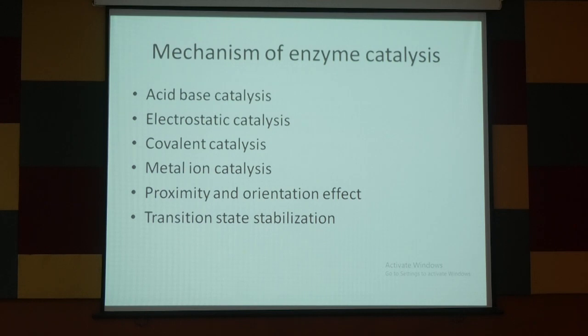And this is the mechanism of catalysis, how enzymes actually catalyze the reaction. So there are 6 types: acid-base catalysis, electrostatic catalysis, covalent catalysis, metal ion catalysis, proximity and orientation effect, and transition state stabilization theory. Obviously, this is the last one, or the latest one.